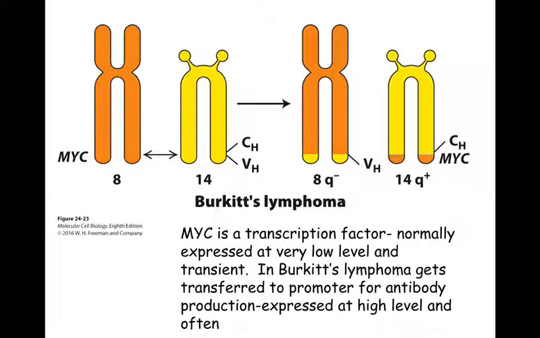MYC, which we talked about in the first slide as an oncogene, is normally a transcription factor, normally expressed at very low levels and transiently expressed; you make a little bit of it and it goes away.